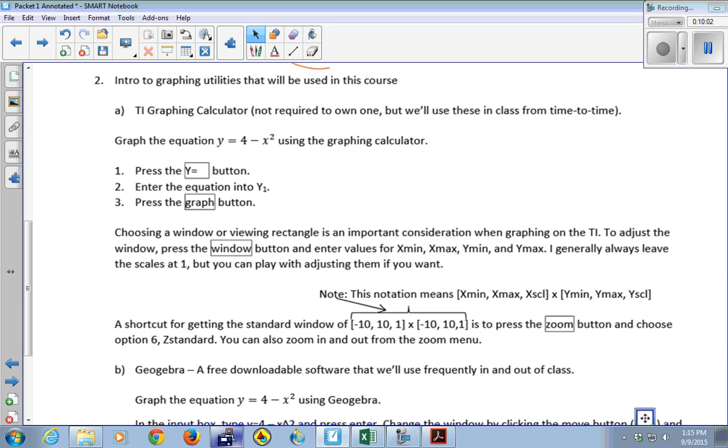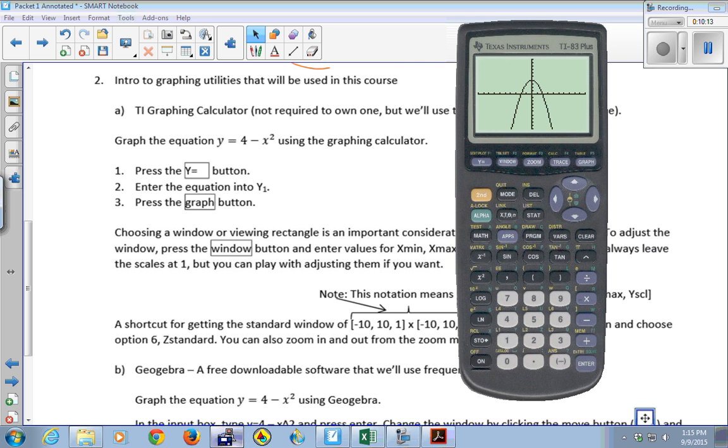So you have to know what those numbers mean. It's just how far apart are the little tick marks on the axes. So a shortcut for getting that is to press zoom 6. Z standard gets you -10 to 10, -10 to 10 really fast.